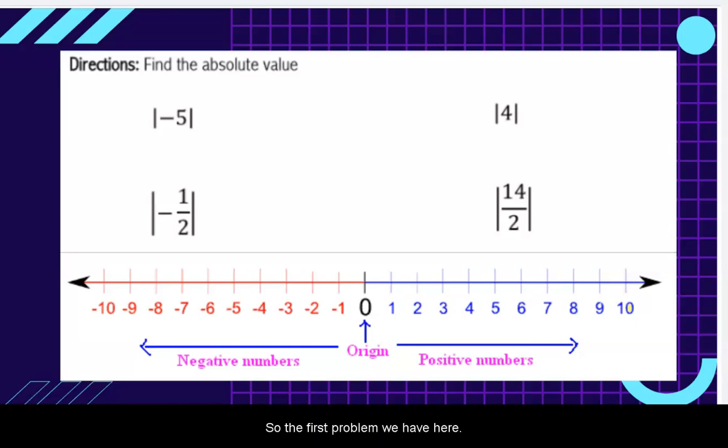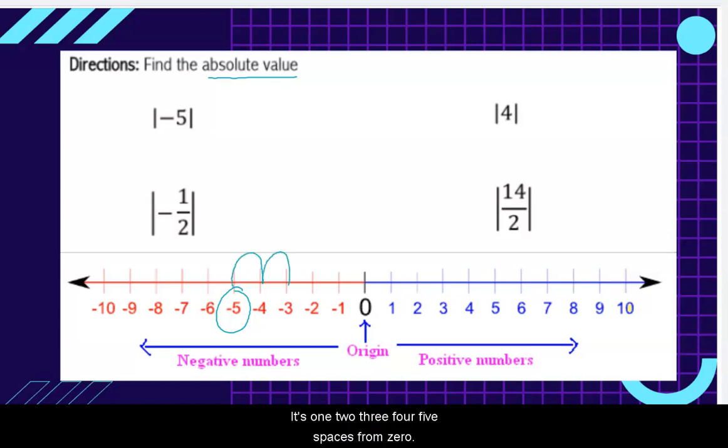So the first problem we have here is find the absolute value of -5. So what I would do is I would find -5 on the number line. So here I have -5. If I want to know the absolute value of -5, I'm going to look at the distance that it is from 0.